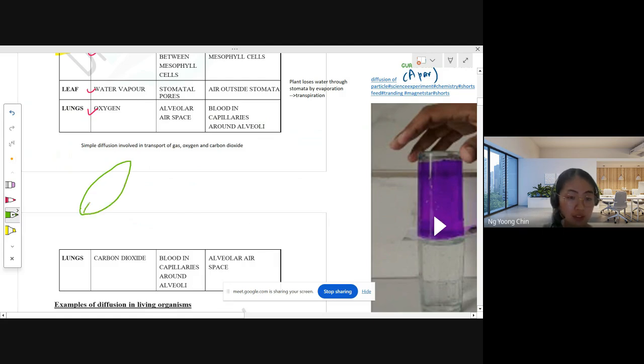And then the lower epidermis of the leaf is something like this. This small hole is referred to as the stomata. So this stomata will open, then they will release the water vapor, not water, but water vapor. So this is what we call transpiration.